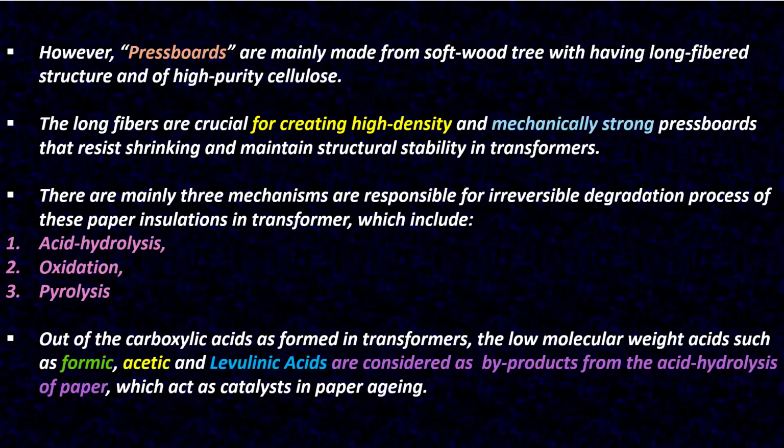Pressboards are mainly made of softwood trees with a long fibered structure and high purity cellulose. The long fibers are crucial for creating high density and mechanically strong pressboards that resist shrinking and maintain structural stability in transformers.